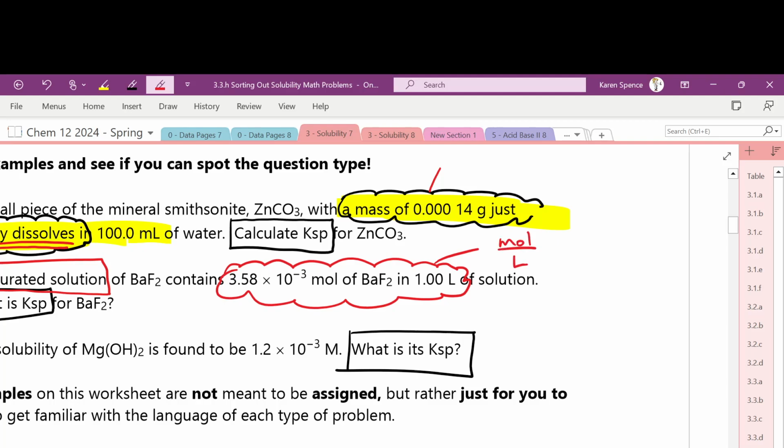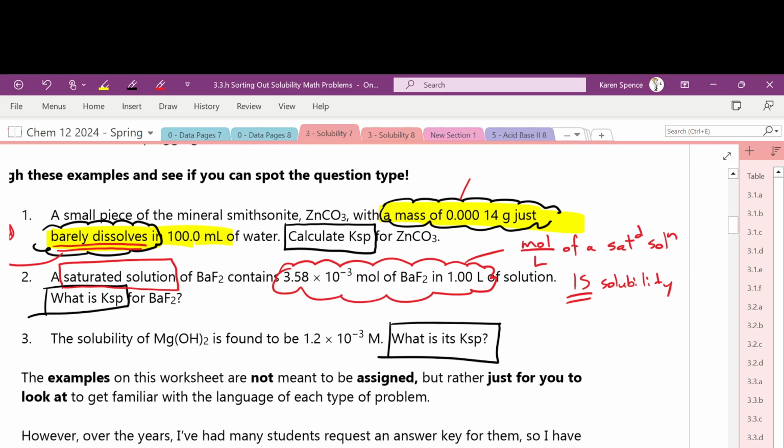Moles per liter of a saturated solution is solubility. So you're given the solubility, find the KSP. In the previous question, you're given the solubility, find KSP. In this one, it's really easy.